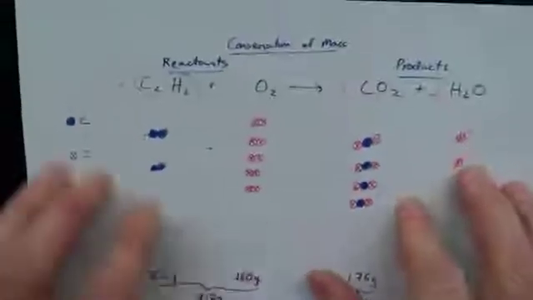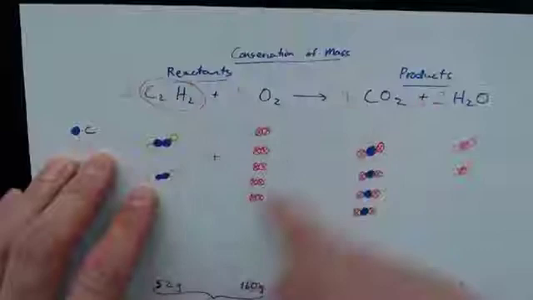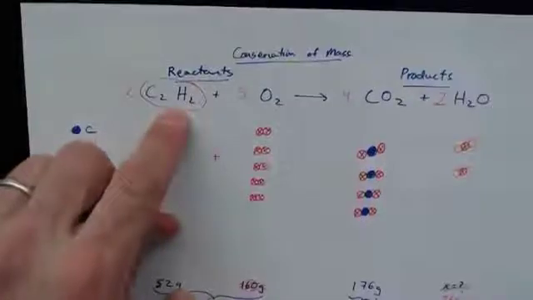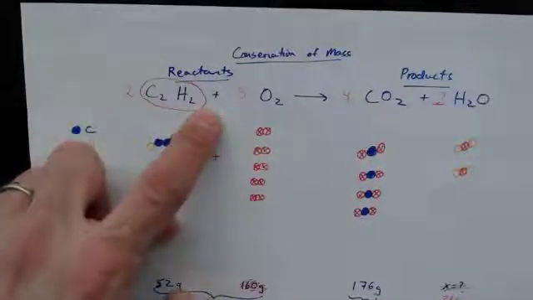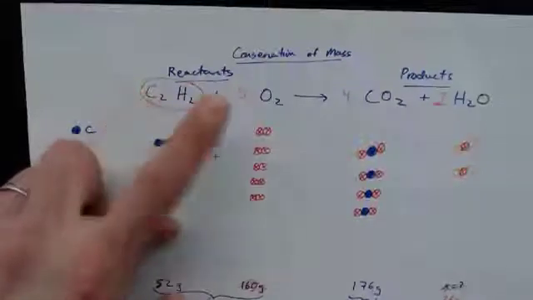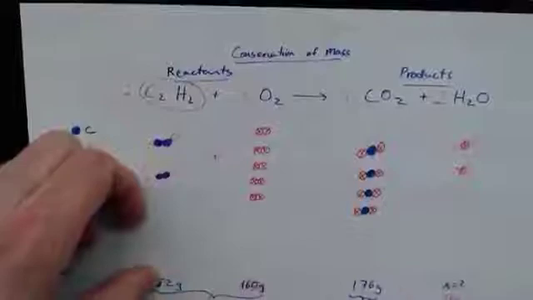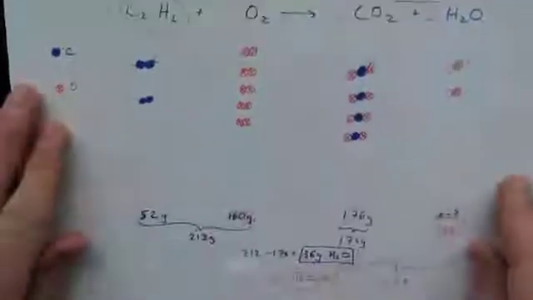I do not use the big numbers, the coefficients, for calculating the mass. Okay? If I tell you I have 52 grams of eggs and the recipe says you have to have 2 eggs to make a cake, it doesn't matter how many eggs you need to make the cake, you have 52, and the 52 grams went in the cake. Ignore the big numbers. Okay?